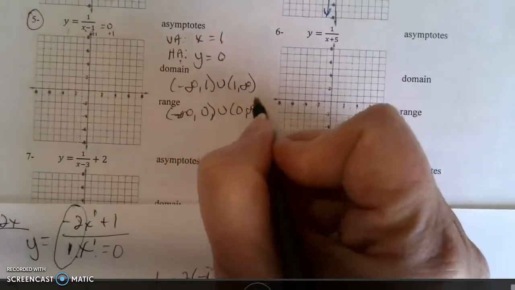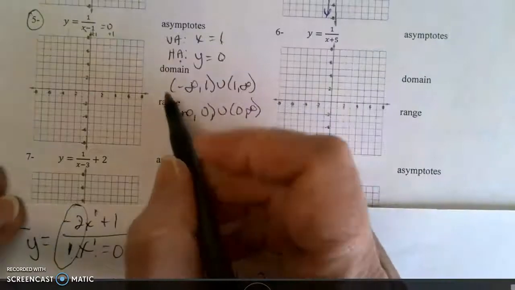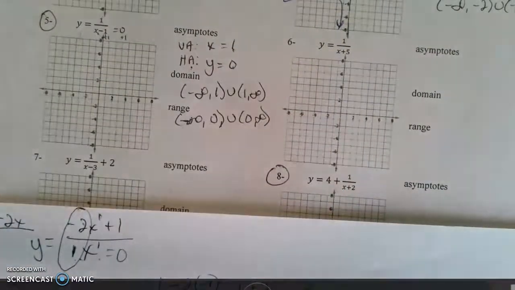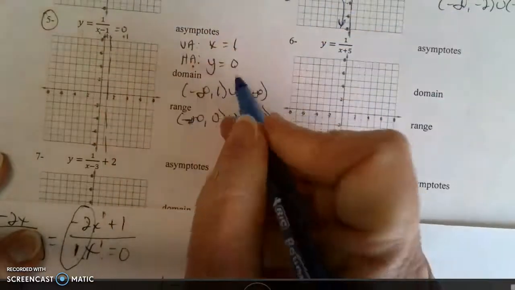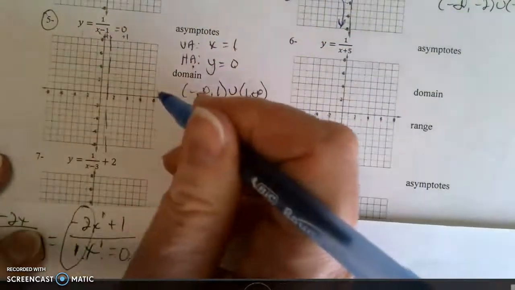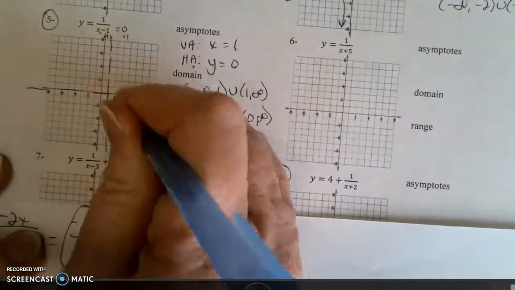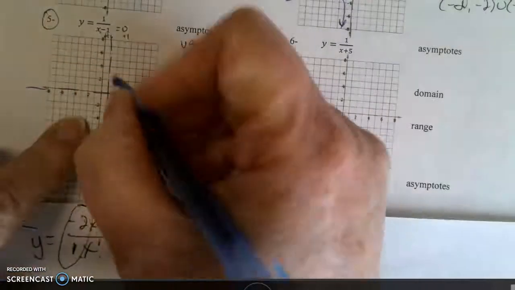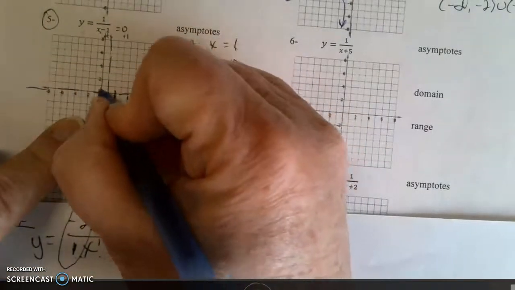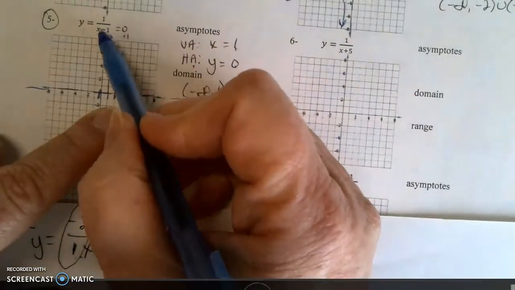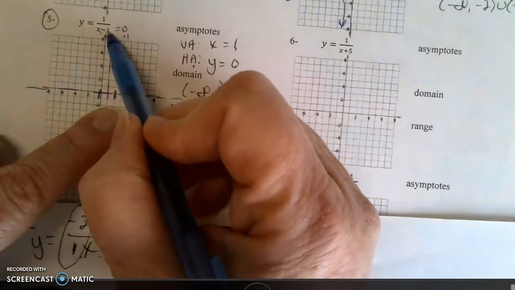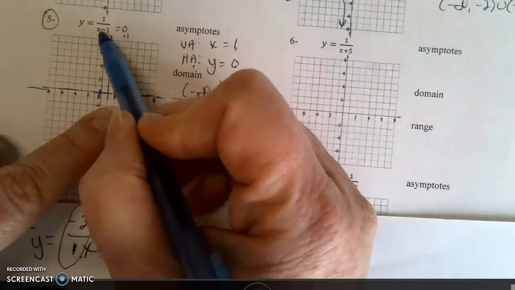All right, so let's graph x at 1. So I'm going to put it in, and y is at 0. Okay, so I'm going to go to each side. So I'm going to plug in 2. 2 minus 1 is 1, so I've got 1/2.